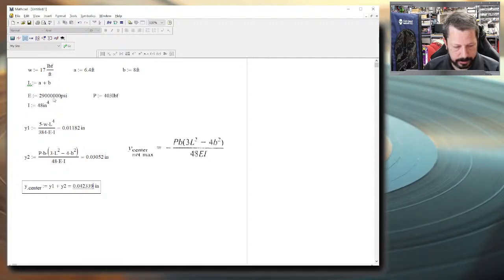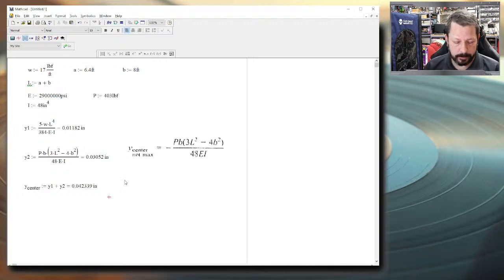Unless it's not using 29 million for steel's modulus of elasticity, but that is what the book has for modulus of elasticity for structural steel. So for some reason, WebWork doesn't like this number, but I like it.